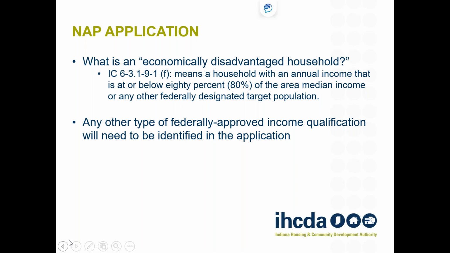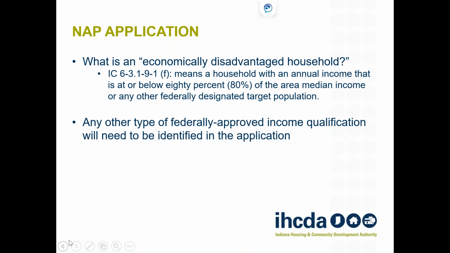So if you apply for either job training or crime prevention, stating that you're providing those to economically disadvantaged households, you will be asked to explain how you income qualify individuals, just to make sure that that is written into your program rules. And if you have another target population, you'll be asked again to explain what that target population is and how exactly you verify the low-income status.